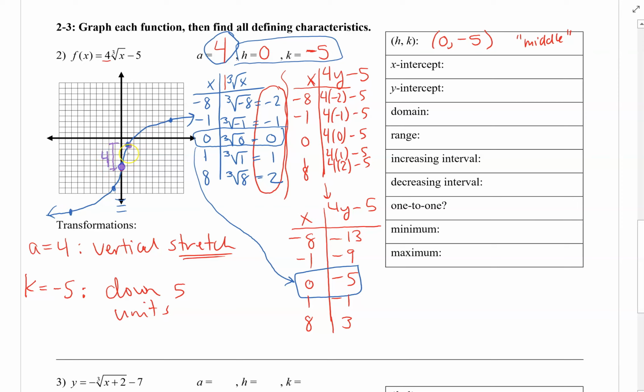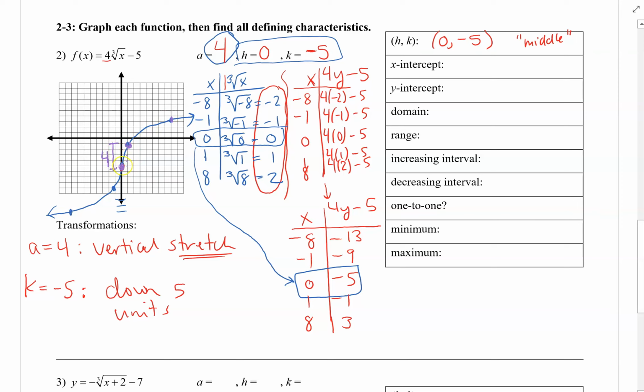That's a good one to gauge your a value to see if you did it right. You can see that this point is 4 units higher than that middle point. Of course, that slope doesn't continue, right? This doesn't have a constant slope of 4. The next point is way different. It's over here. But the very first one, you should see that change of 4 between the first point and the middle point. It's a good way to check.